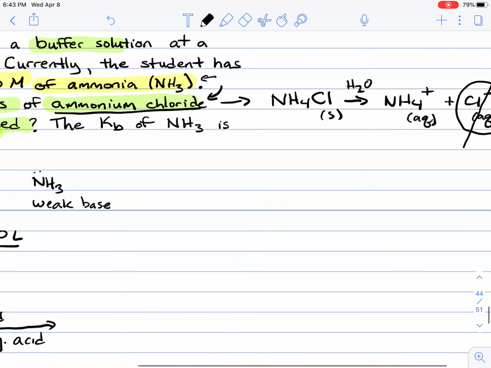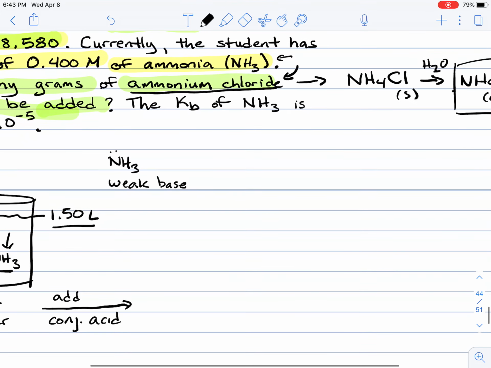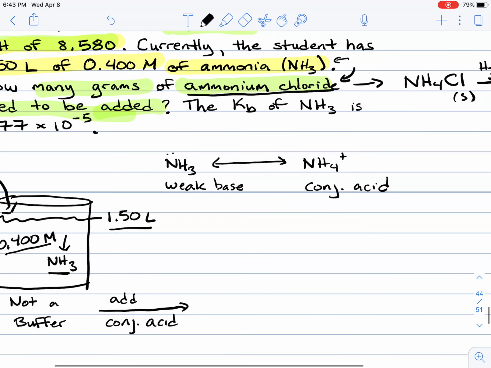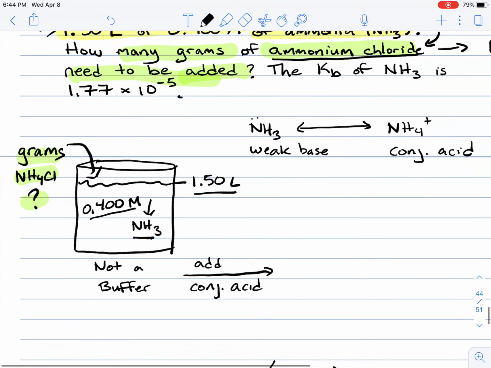Really the active component of ammonium chloride is ammonium. And ammonium, if I write it down here, is a conjugate acid of a weak base. By adding ammonium into this solution, what we're creating is a buffer.